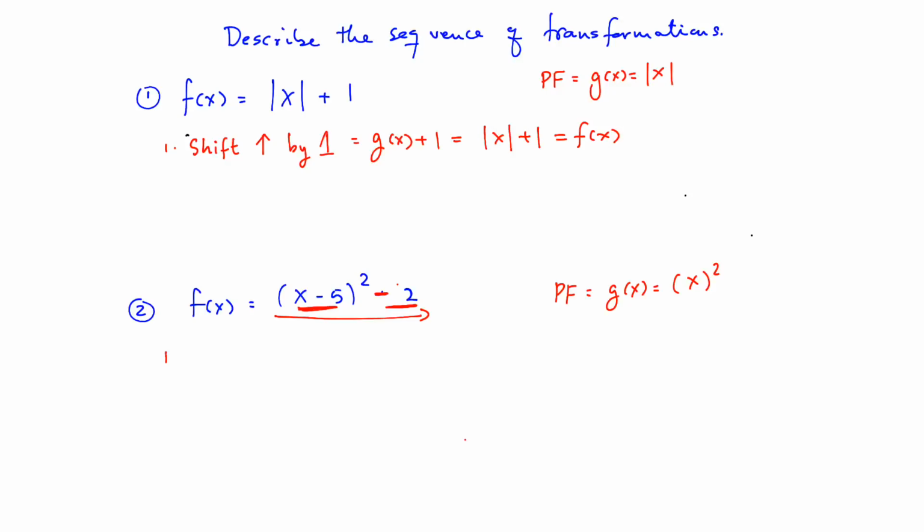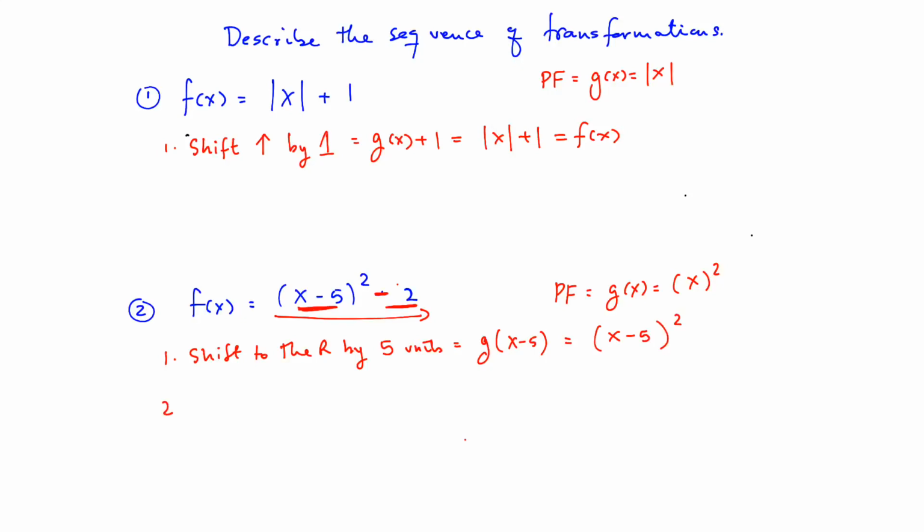So my first step is a shift to the right by 5 units, which means that I took g of x and I took the x out and replaced it with x minus 5, meaning that now I have (x minus 5) squared.